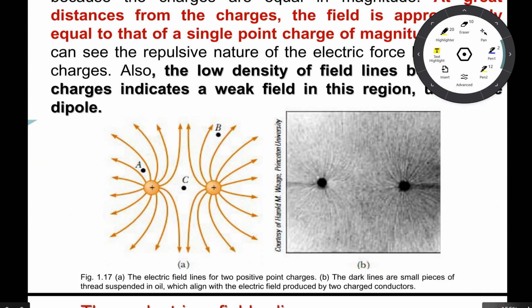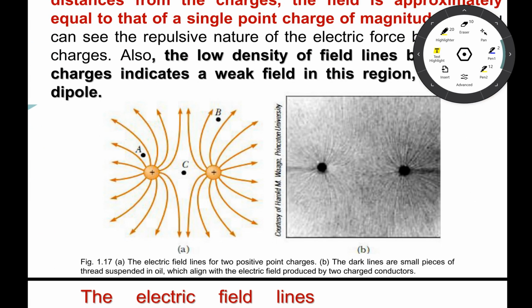So here, to draw the field lines between two positive charges, as we know, the force between positive charges is a repulsion force. Also, as we said, the field lines start always from a positive charge, but here there is no negative charge, so the field lines are always outward.